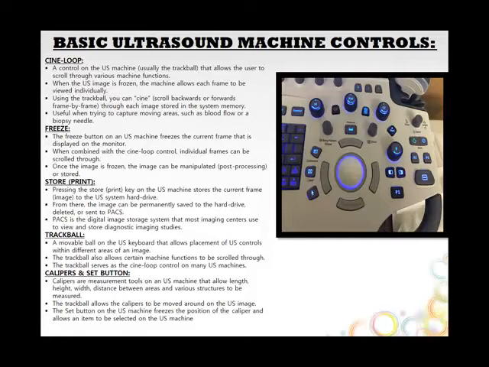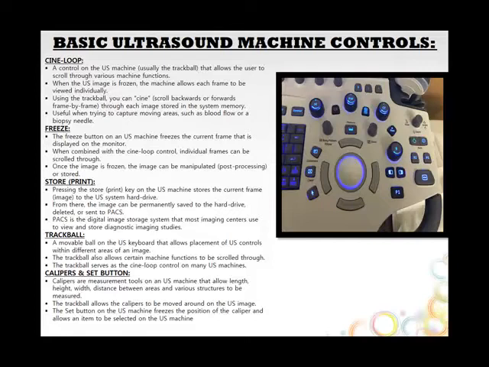It allows us to scroll through certain machine functions, so it's kind of our all-purpose ball. We use it to place calipers on different parts of the screen. We have our calipers, a measure button here, and then our set button is usually one of these buttons along here, which allows us to measure things on the screen.